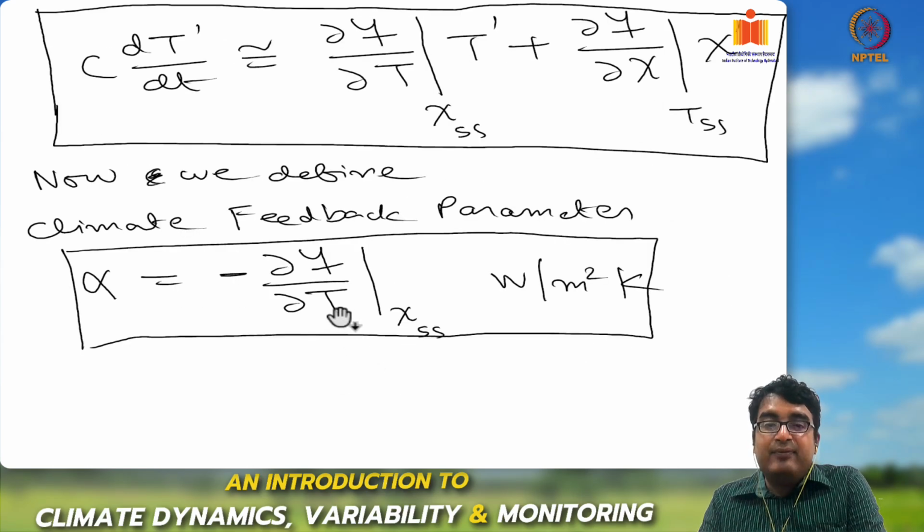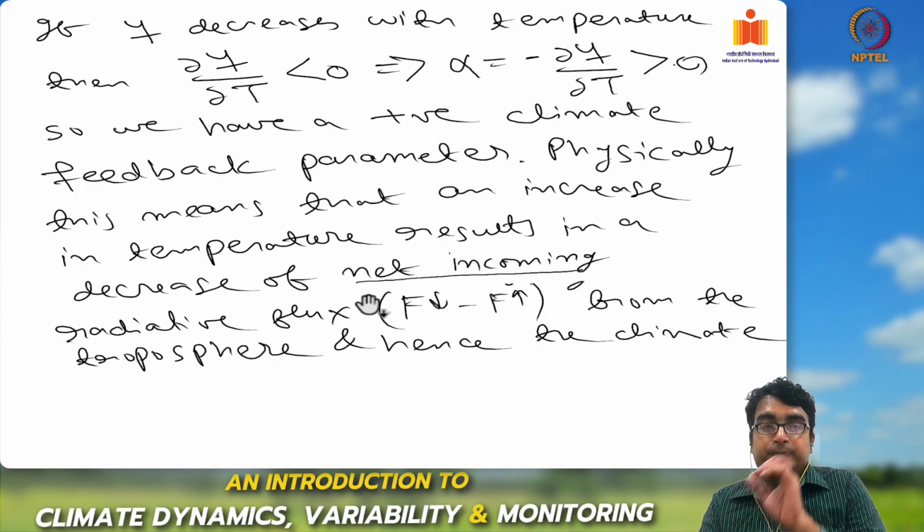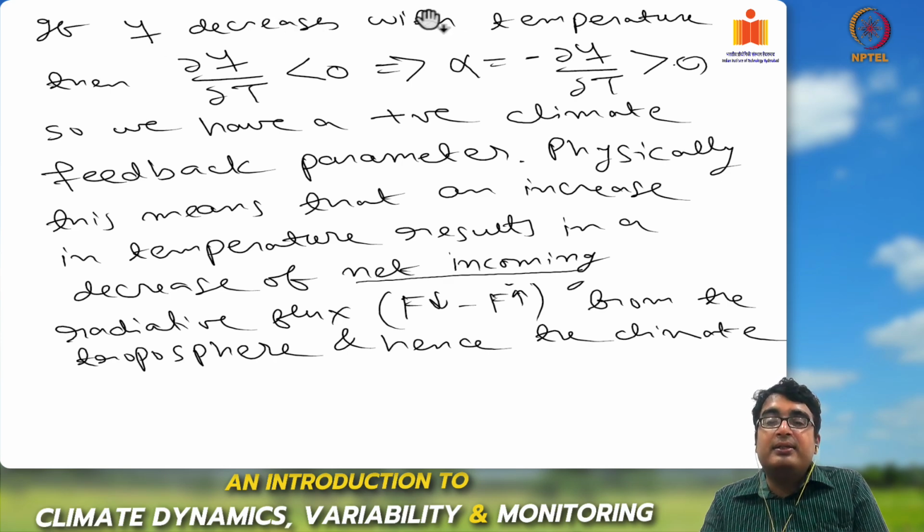Here we have negative of this. So, negative of that is the climate feedback parameter. So, if the net incoming flux decreases with temperature, that is ∂F/∂T less than 0, then alpha, which is minus ∂F/∂T, is greater than 0.